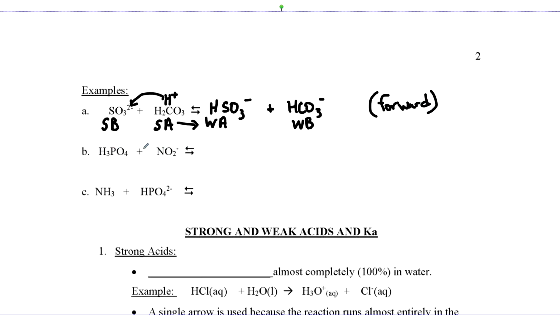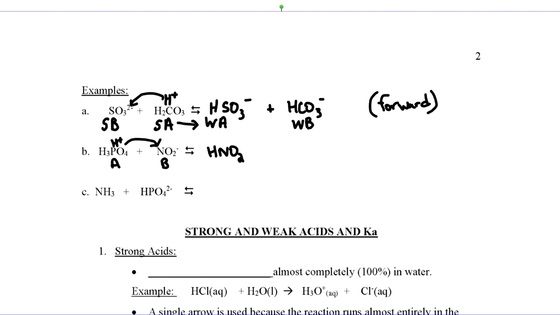Okay, looking here, again, we would clearly know this is the acid because it's the only one with hydrogen. This guy doesn't have any hydrogen, so this is going to be our acid and our base. And then we're going to show that we get a hydrogen with NO2.